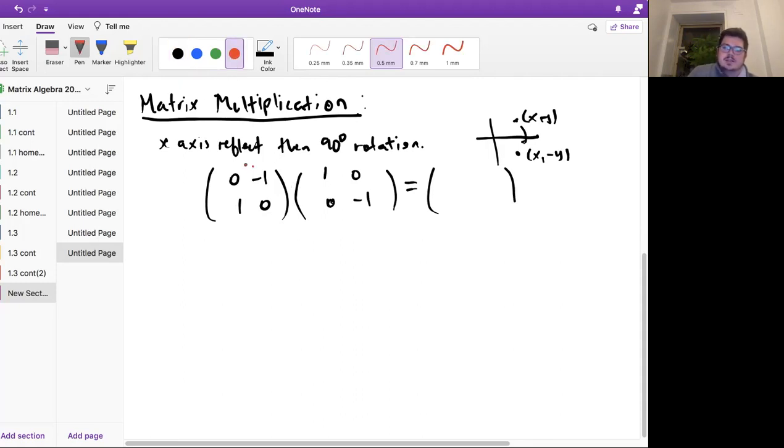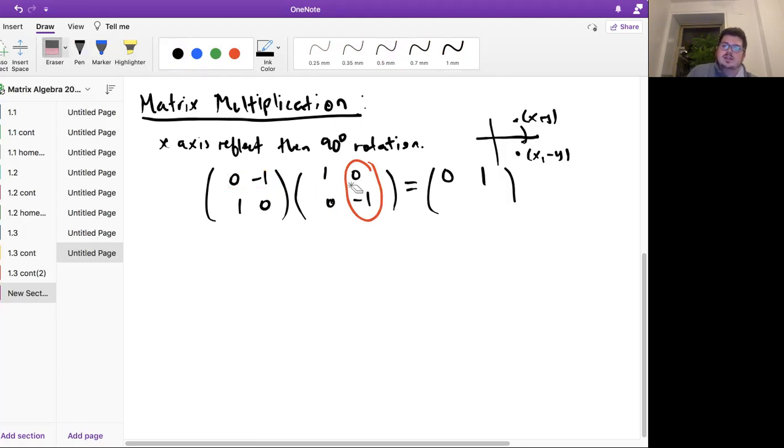Zero: 0 times 1, then negative 1 times 0, so that makes 0. What do you get in the 1,2 entry? 1. 0 times 0 plus negative 1 times negative 1 is positive 1.